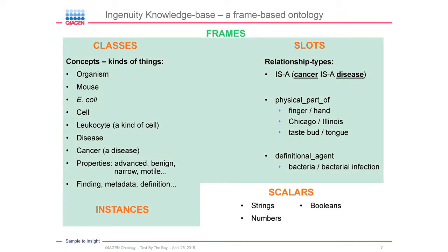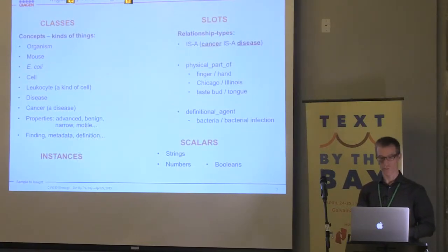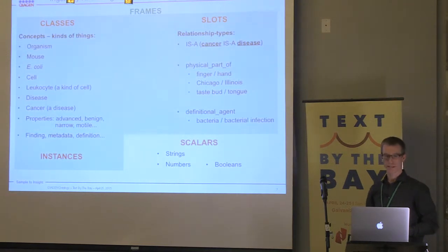So strings are the most frequently seen example, but also numbers, Booleans, and we can talk about sets of items as well. So we use a frame-based ontology. And so all of the first kinds of things are recorded as what are referred to in a frame-based ontology as frames.